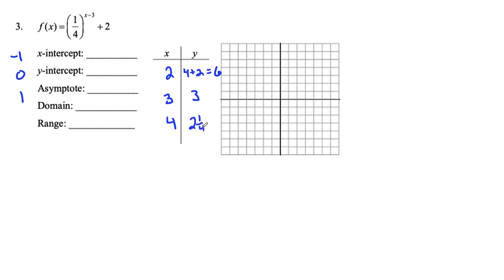All right? So now we're ready to plot this graph. Again, as we think about an exponential function, the vertical shift is going to tell us what our asymptote is. And so this asymptote is going to happen at y equals 2. So let's go ahead and draw that in. Then we'll go back and plot some points. So we're going to have the point (2, 6).